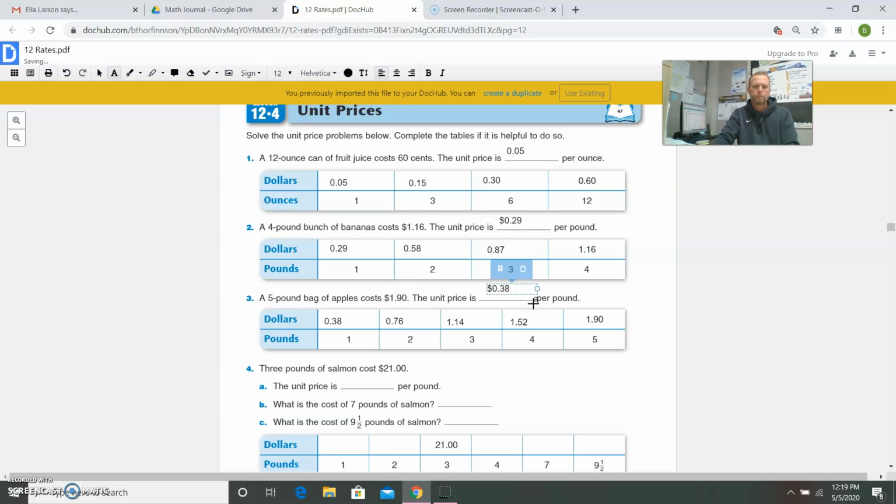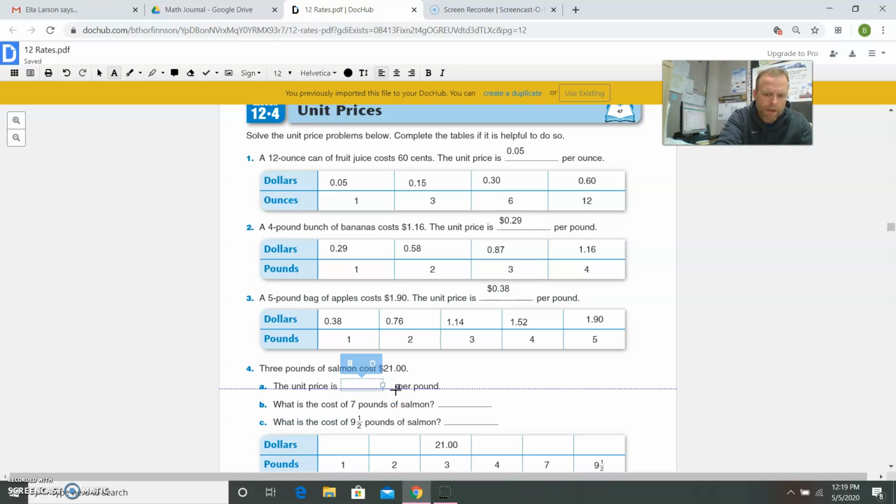Number 4, 3 pounds of salmon costs $21. What is the unit price? Well, we have to take $21, divide it by 3. So, when you look at this question here, it says, what is the unit price per pound? 3 pounds cost $21.